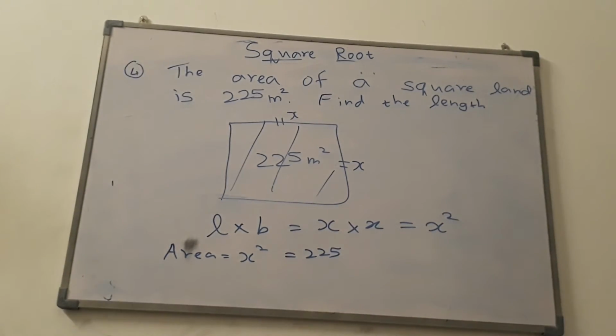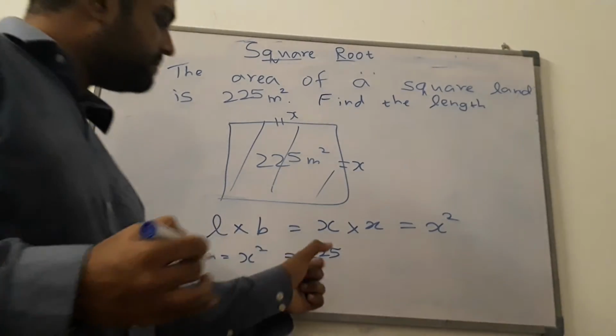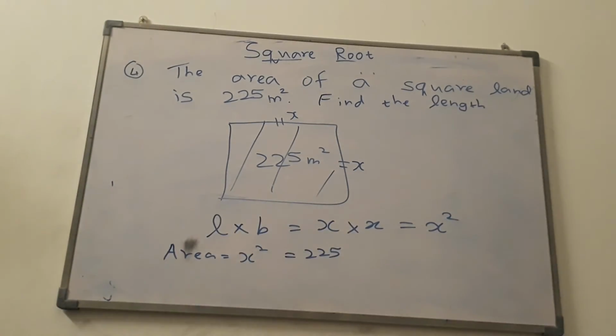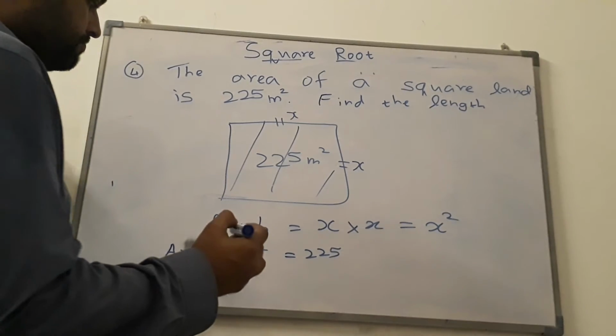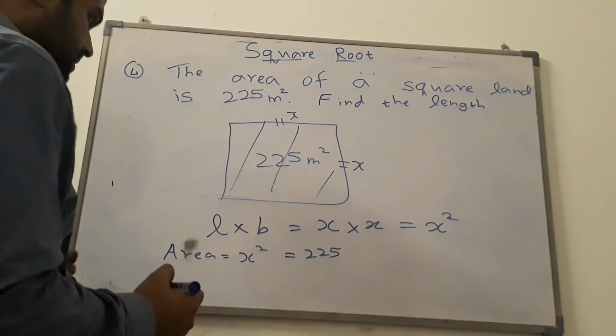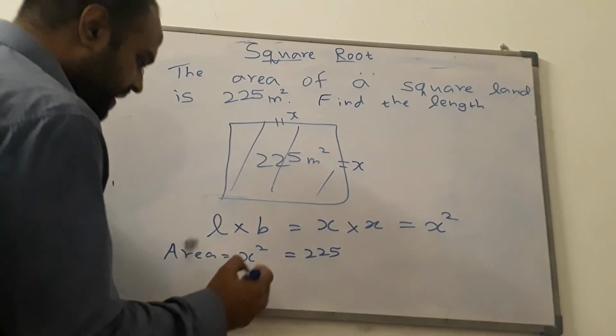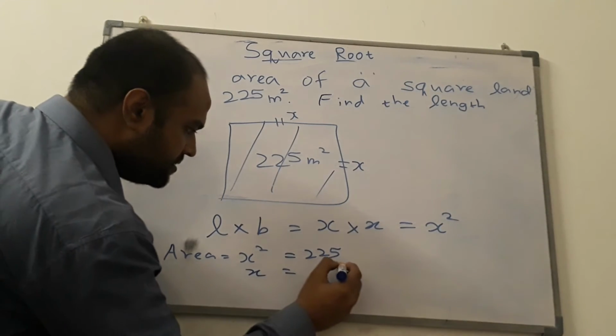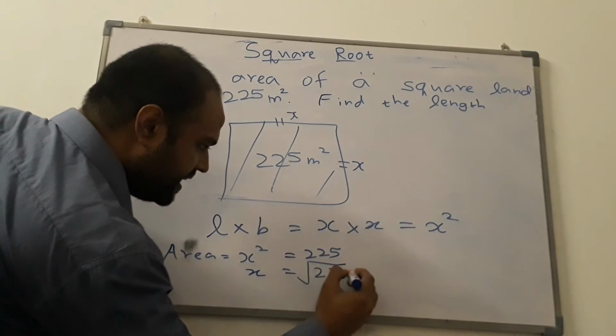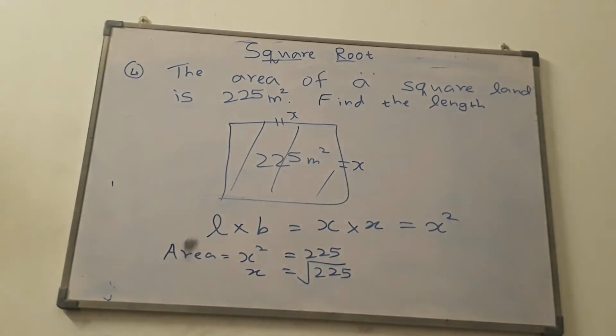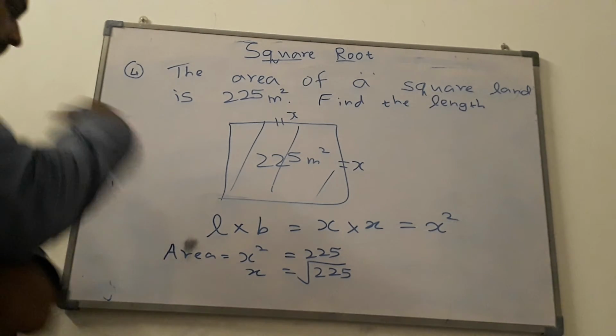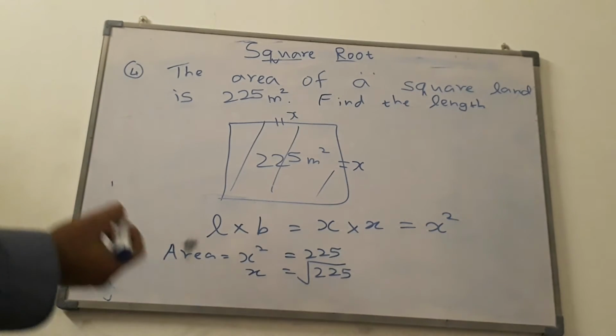And we know 225 is a square number. So x means square root of 225.